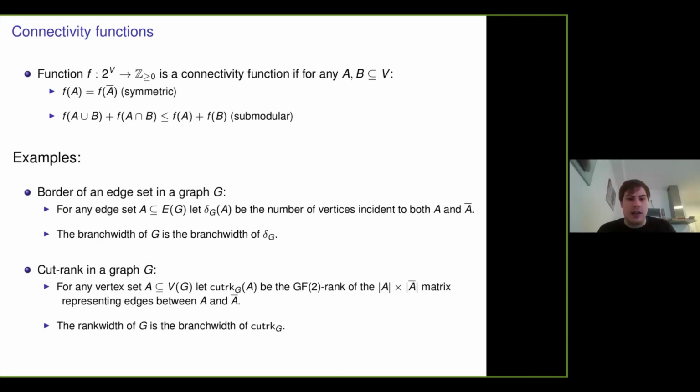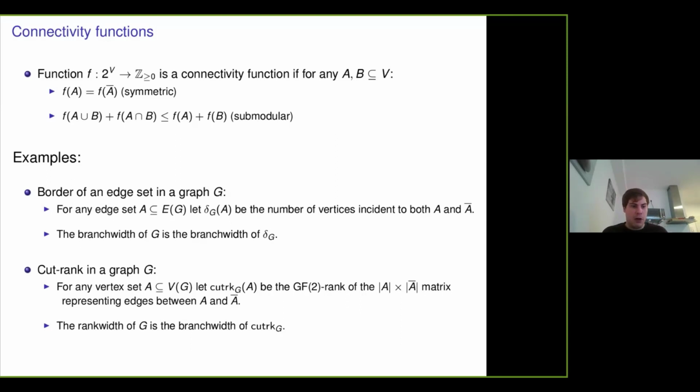So we have some partition A, A bar of this graph, and we look at the edges between this partition, and they can be seen as a 0-1 matrix, and we can compute the GF(2) rank of this matrix. And so the rank-width of graph G is defined as the branchwidth of this cut-rank function.